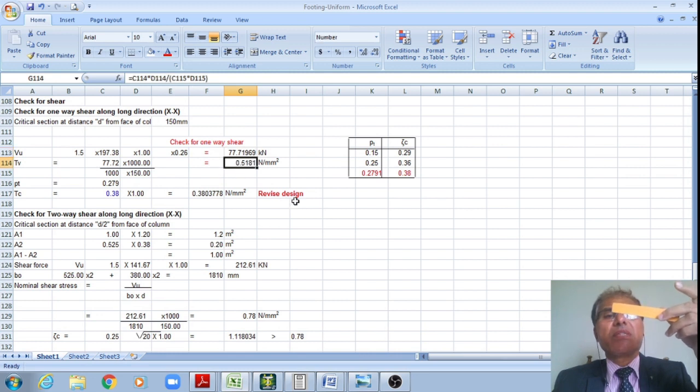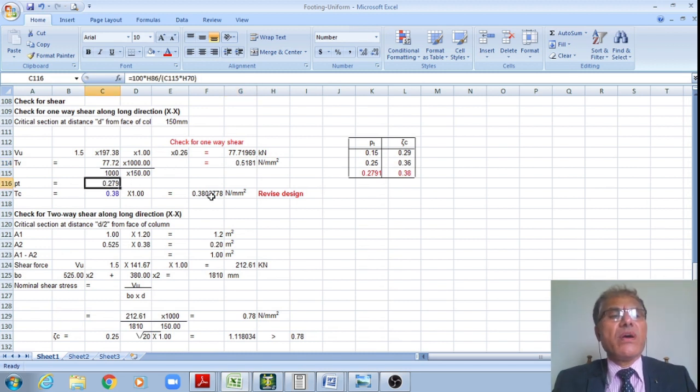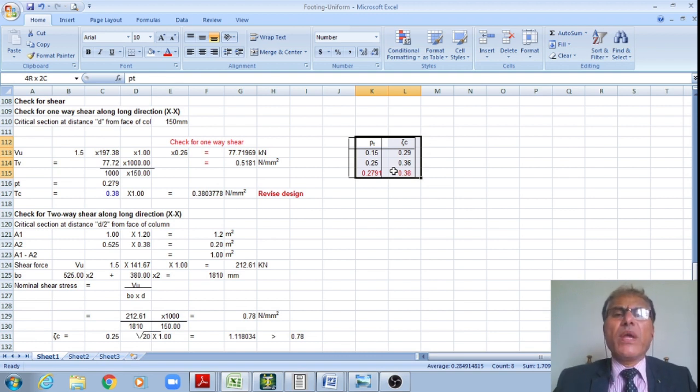Therefore, the nominal shear stress is 0.518 Newton per mm square. The percentage of steel provided is pt 0.279, so I'll interpolate using the table. For pt 0.15, tau c from Table 19 is 0.29. For 0.25, tau c is 0.36. Therefore for 0.2791, the permissible shear stress is 0.38.